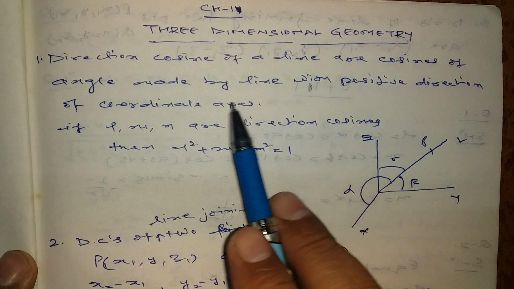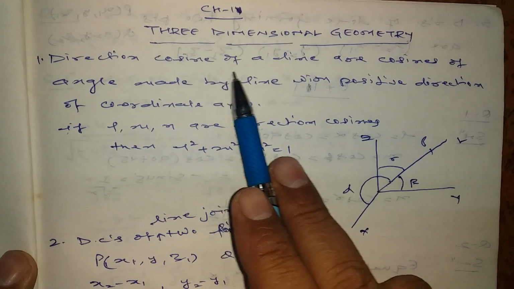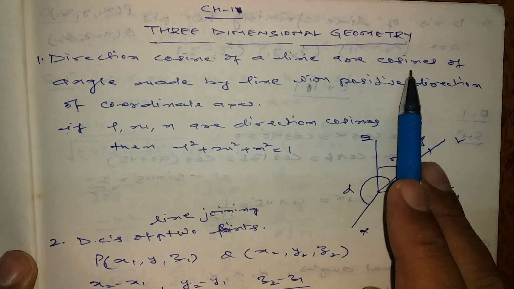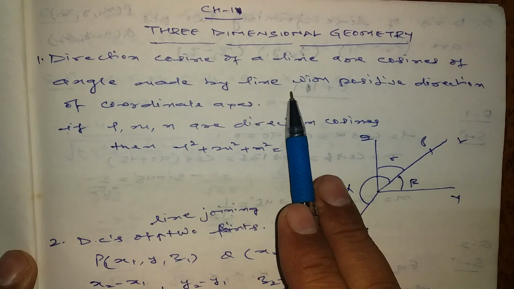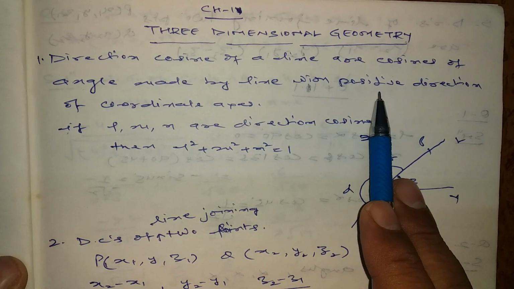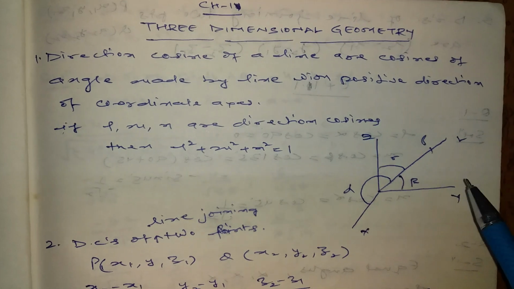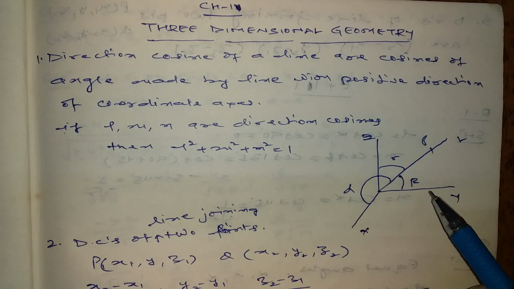in the chapter 3D. Direction cosines of a line are the cosines of the angles made by the line with the positive direction of the coordinate axes.